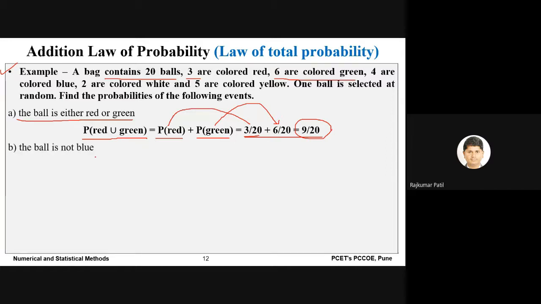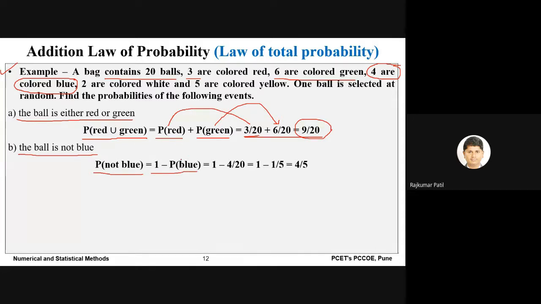Next question is, what is the probability of getting a ball which is not blue? In the problem you can see that there are 4 balls having blue color. If we draw a ball randomly, what is the probability that the color will not be blue? So the answer is, probability of getting a ball which is not blue is equal to 1 minus probability of getting blue.